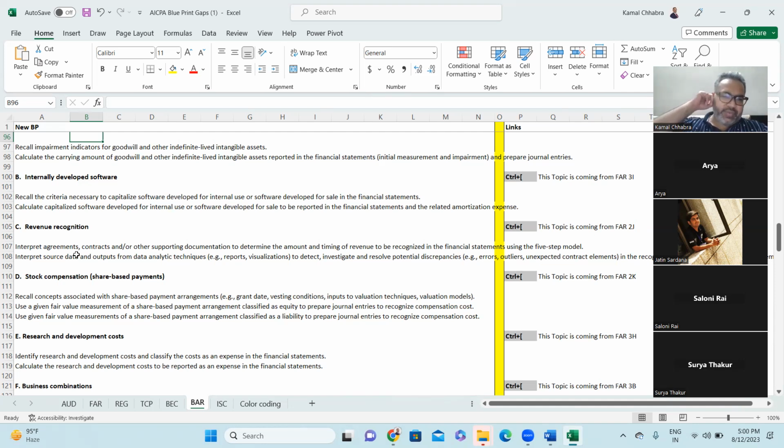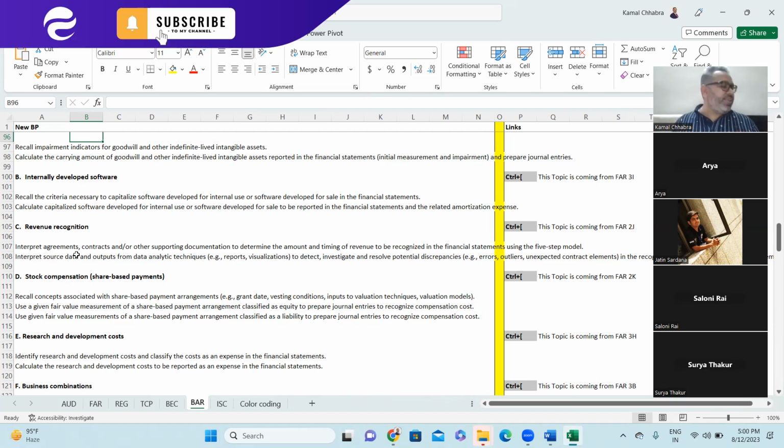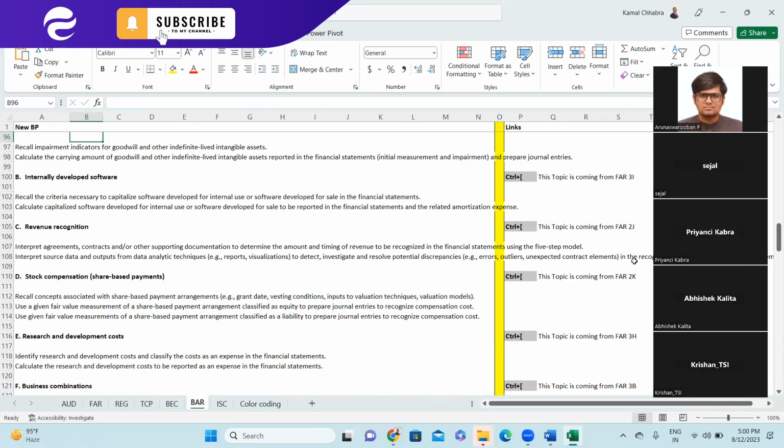Next topic is revenue recognition. Have you heard of this 5-step model of revenue recognition? Yes, under ASC 606, exactly. Arya, Saloni, Surya, have you heard of ASC 606? No. Okay, so this is again a small homework.